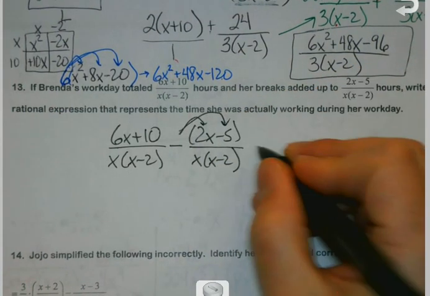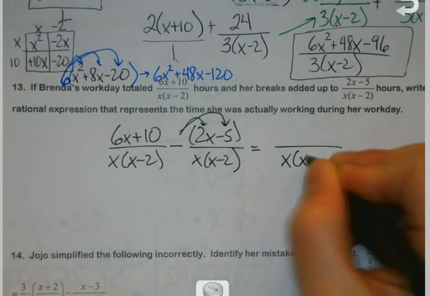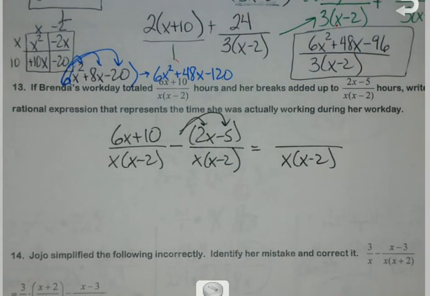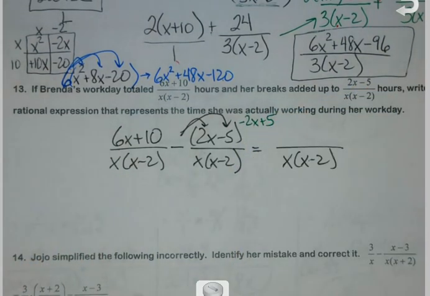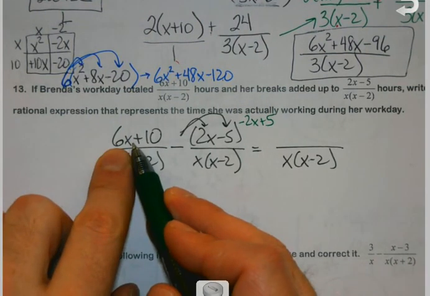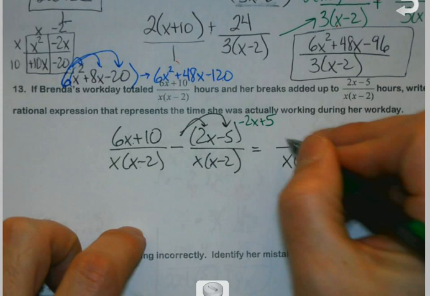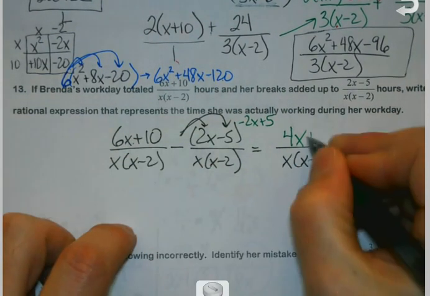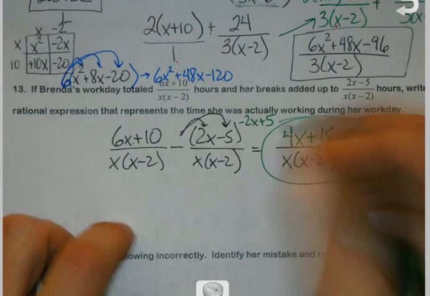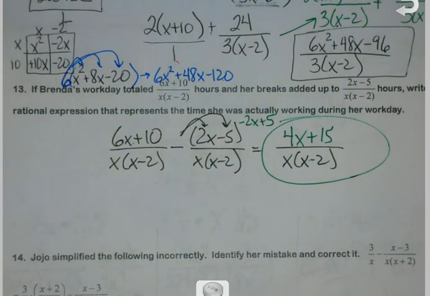So all I got to do is distribute the negative through. Don't forget to distribute the negative. Kind of important. 6x minus 2x, 4x. 10 plus 5 is 15. I'm done. Should be like half a point question compared to the last one. It won't be, but.